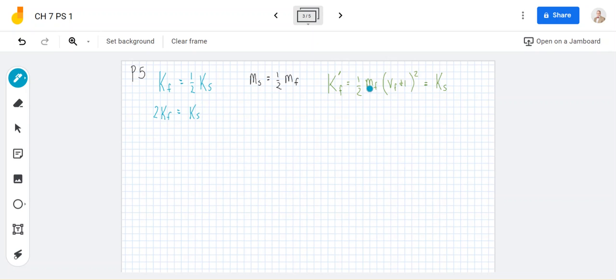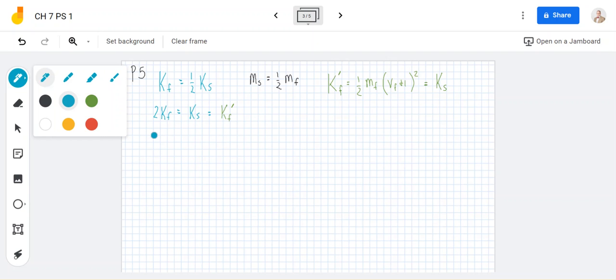And I look over here, and this expression is also equal to the kinetic energy of the son. So this is equal to that right there. Now I have these two things, and I wonder if I can express them and then work it out. So let's try.